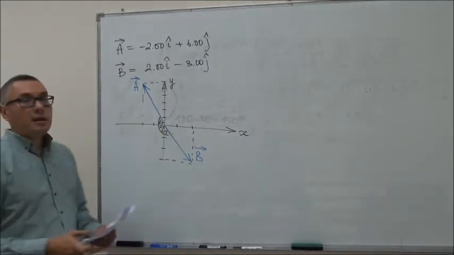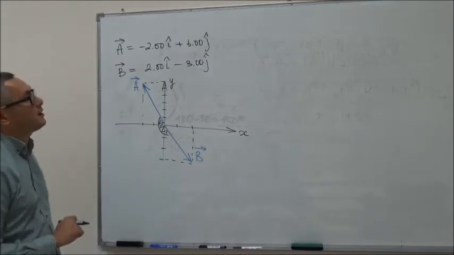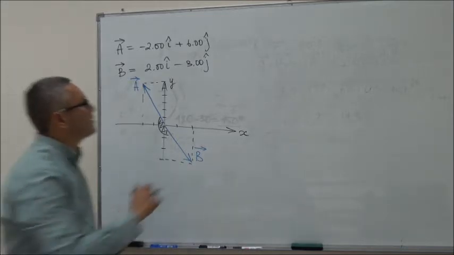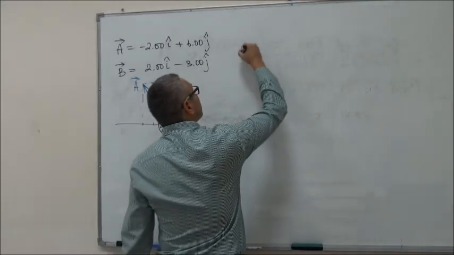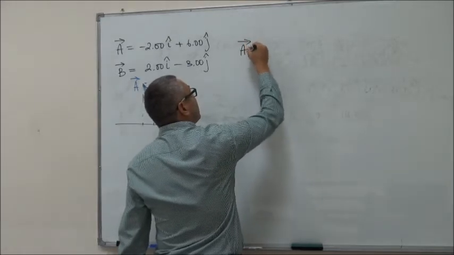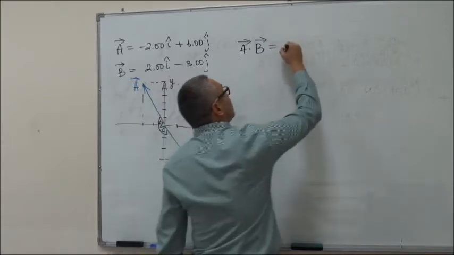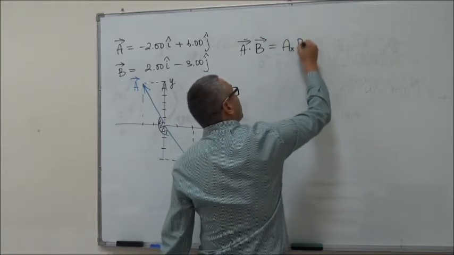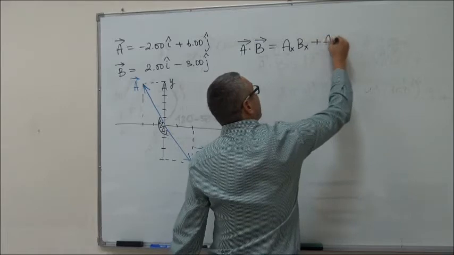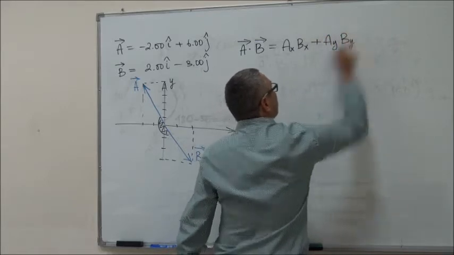To find the angle, we can use the definition of a scalar product. So let's start by writing that the scalar product A dot B can be written as AX BX plus AY BY.